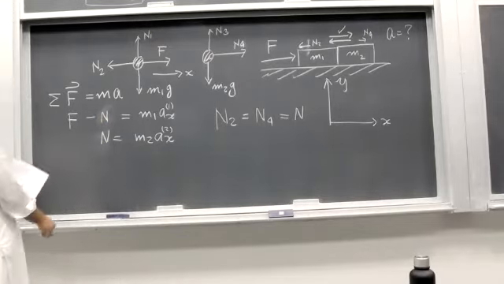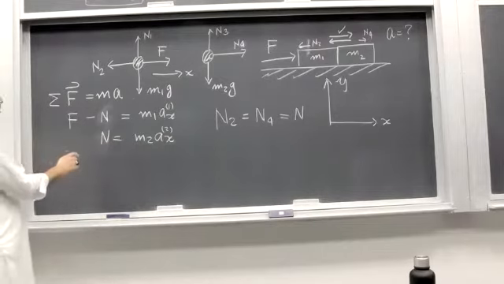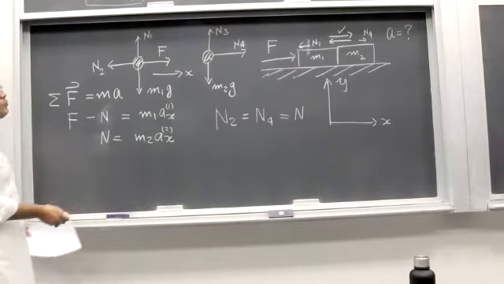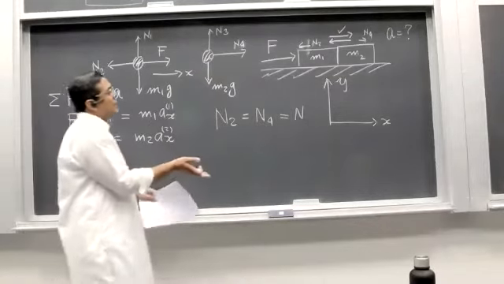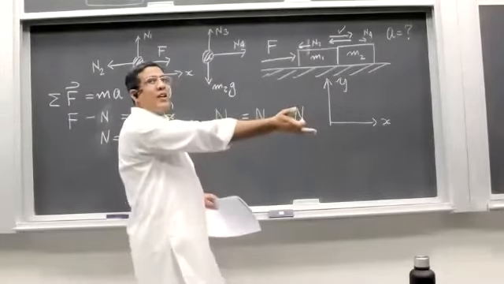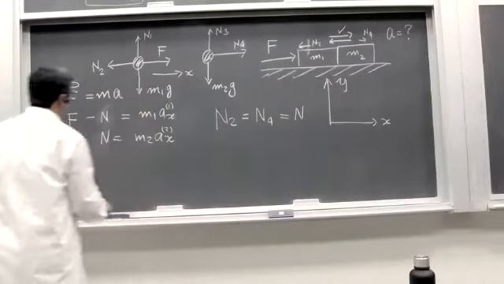And then add these equations. And before you do that, we also make another assumption that both blocks are moving together. It is not that one block is moving ahead or faster and the other block is moving behind. They both are moving together.